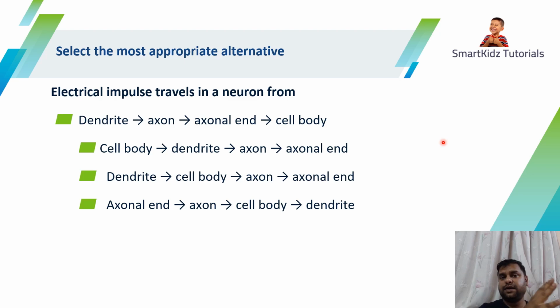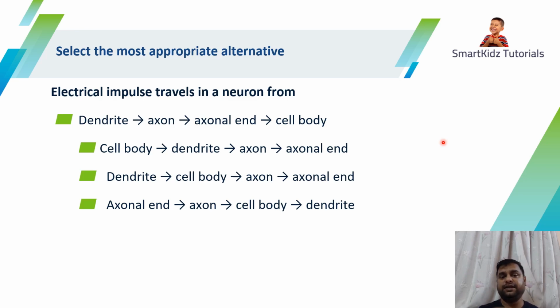Okay, so how does it travel? The signal or the electrical impulse through a neuron travels starting with the dendrites, then it moves into the cell body. From the cell body, it moves to the axon, and finally from the axon, it moves to the axonal ends.